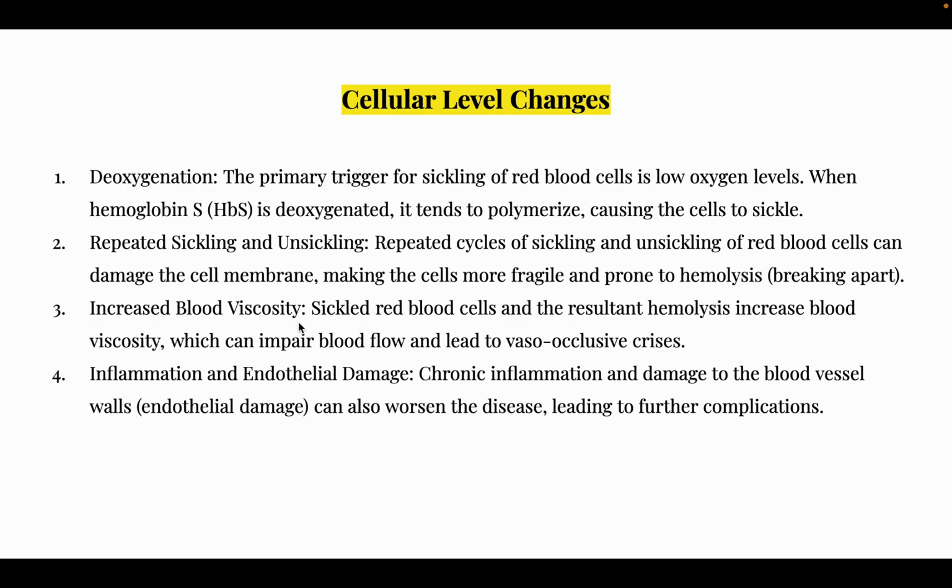Increased blood viscosity: sickled blood cells and the resultant hemolysis increase blood viscosity, which can impair blood flow and lead to vaso-occlusive crisis. Inflammation and endothelial damage: chronic inflammation and damage to the blood vessel walls can worsen the disease, leading to further complications.